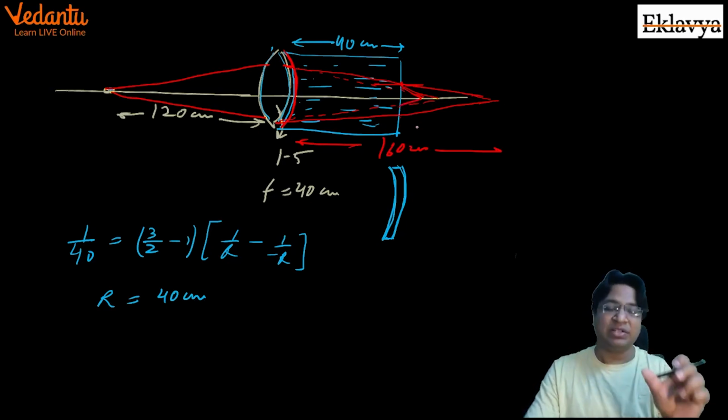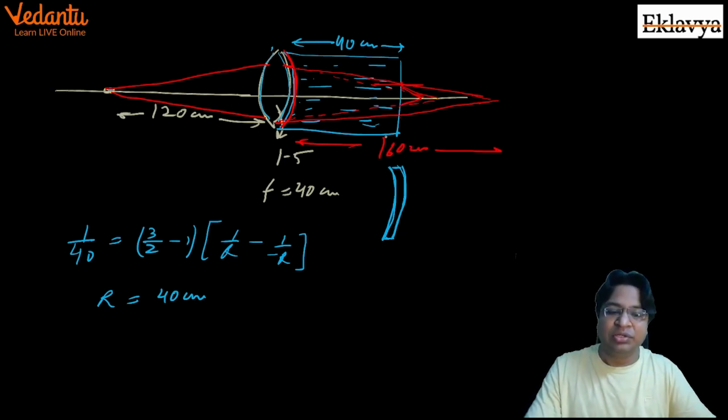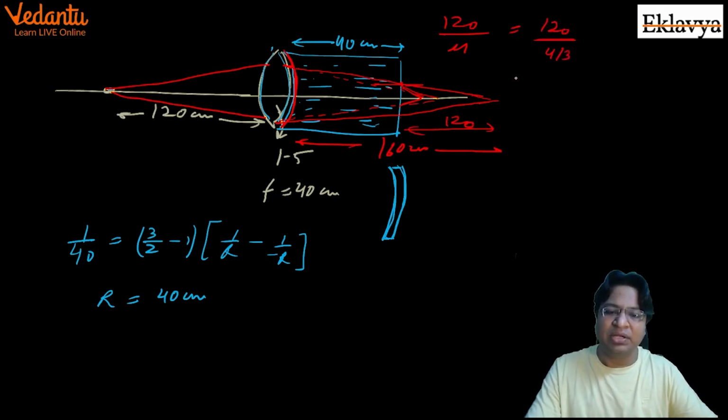We are seeing that the distance will reduce. So this distance was 120. So ultimately the distance will become 120 by mu. So it would be 120 divided by 4 by 3. So it becomes 90 centimeter.